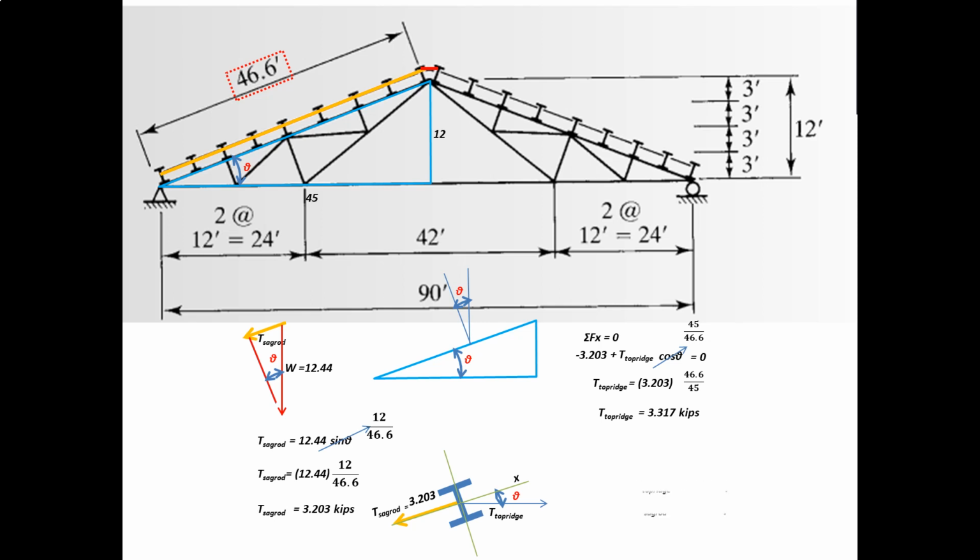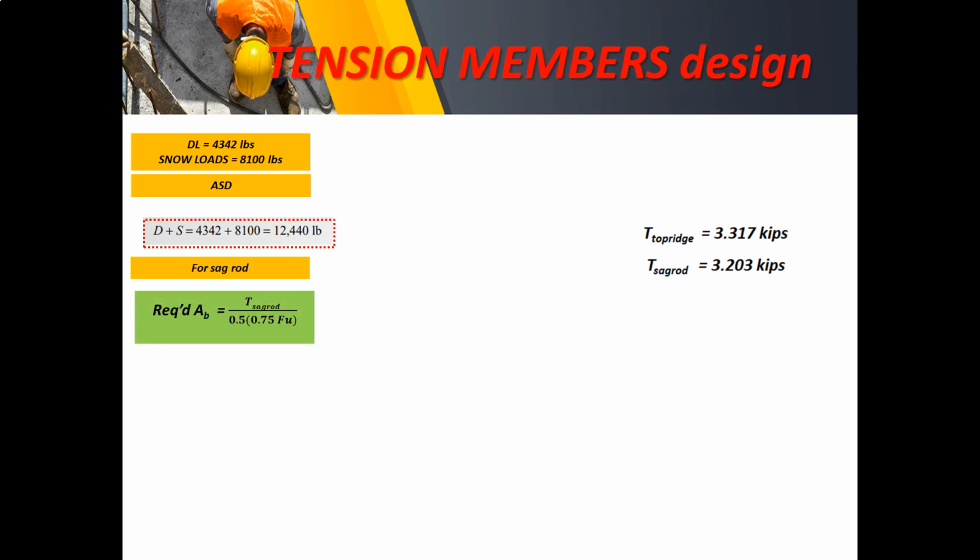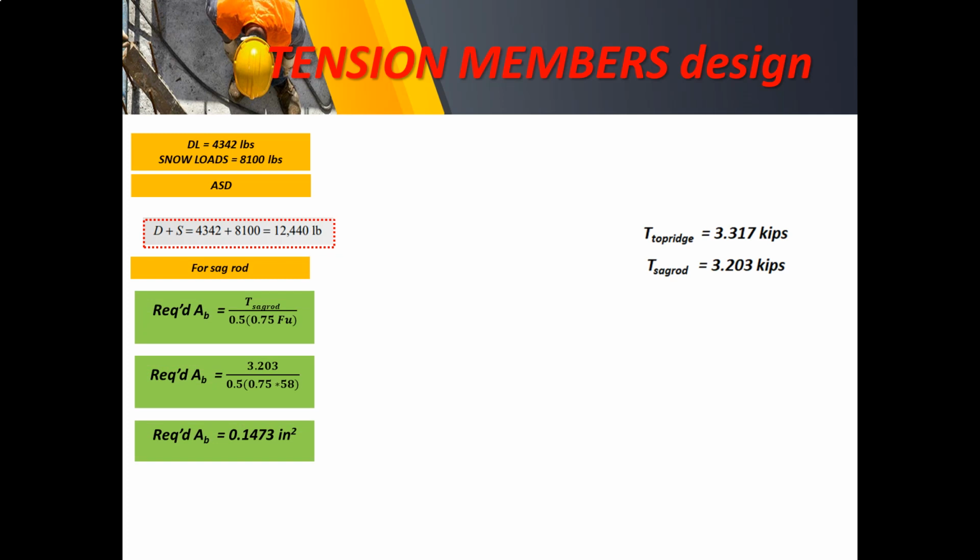Now that we have known all of the force on the top ridge and the sagrod, we are now ready to determine the required bar area. For the sagrod, the required bar area is equal to T sagrod all over 0.5 by 0.75 times Fe. So we substitute all of the given and the acquired values here. Hence, we arrive at 0.1473 square inches.